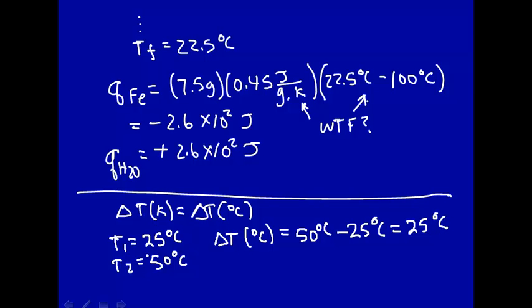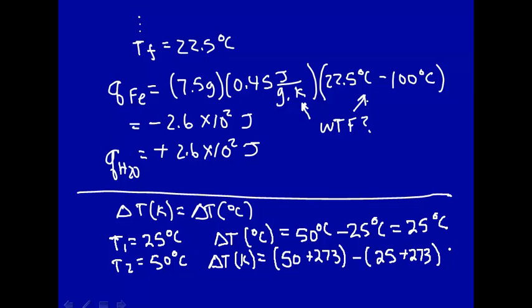Now let's convert all these temperatures to Kelvin. So let's do a delta T in Kelvin. Well, that will be 50 plus 273, converted to Kelvin by adding 273, minus the initial, 25 plus 273. That's in Kelvin.